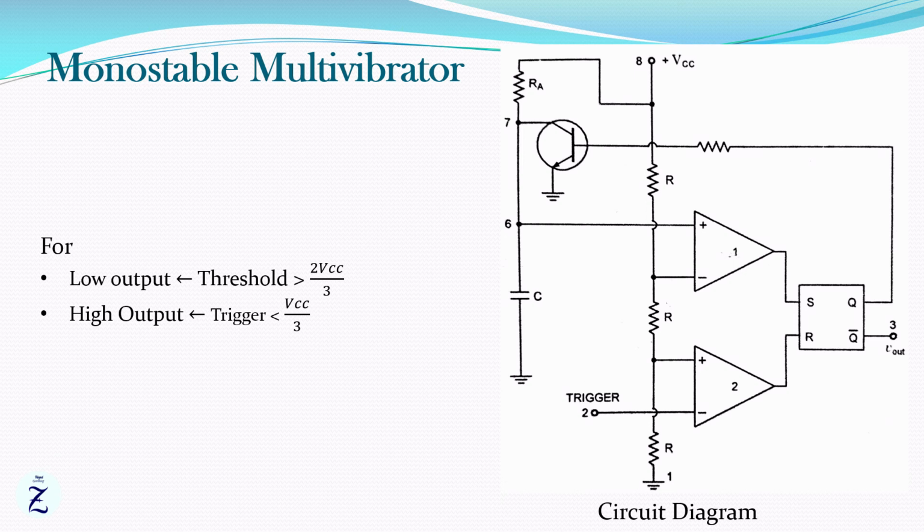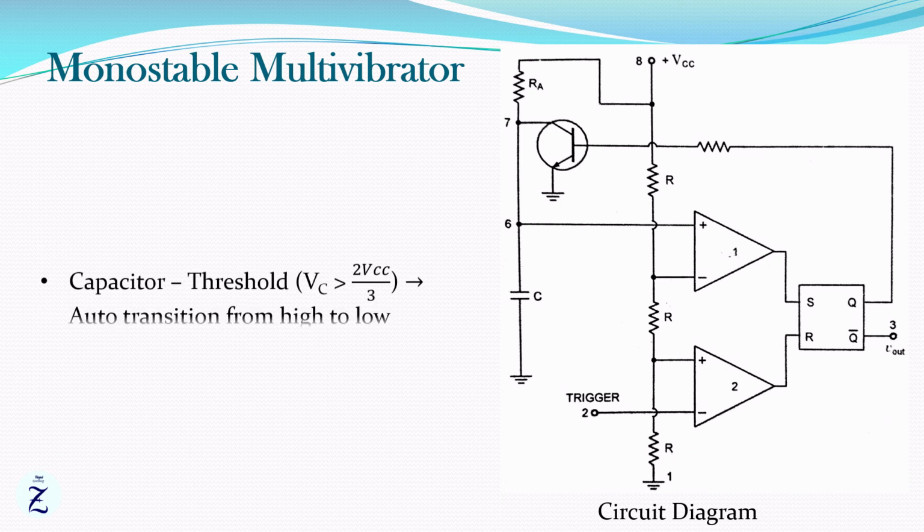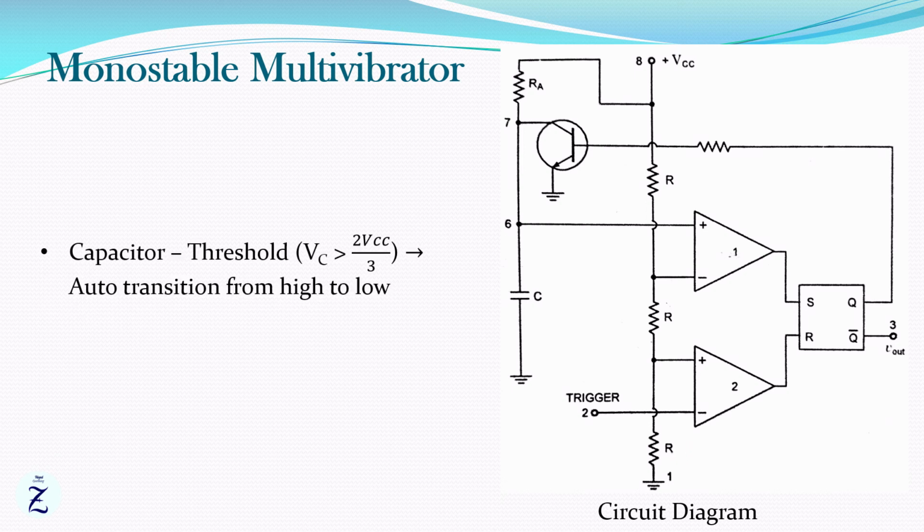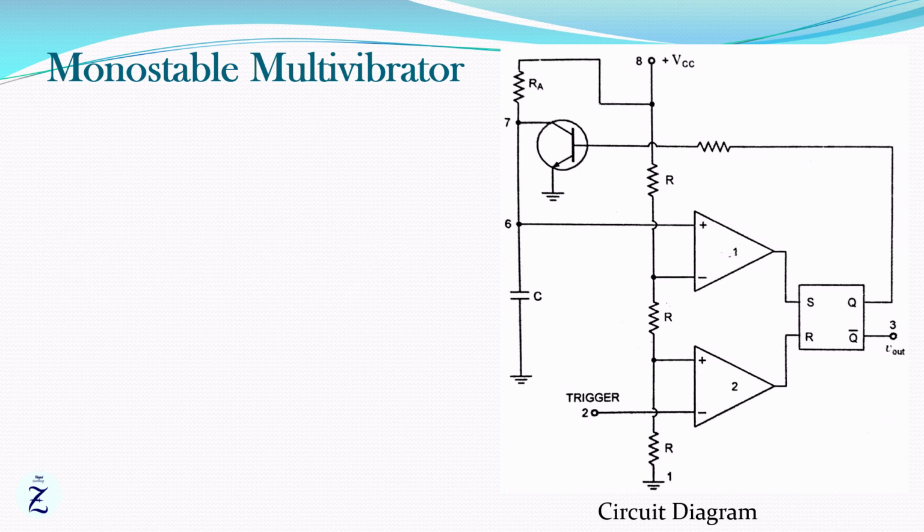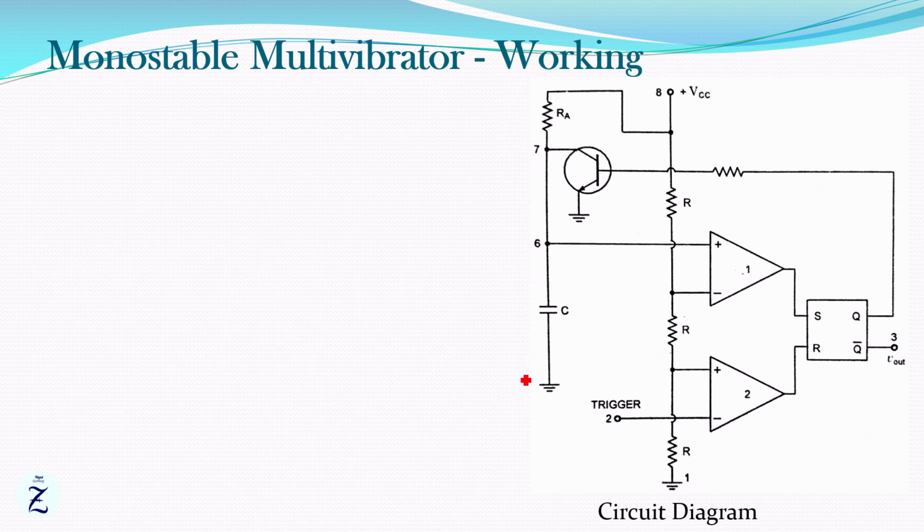Here the capacitor is only connected to the threshold input, hence we will only have the auto transition from high to low. In order to have a high output, we should apply a negative going pulse at the trigger to make trigger input less than VCC by 3. Hence, we can say that here the low output is the stable state and high is the quasi-stable state.